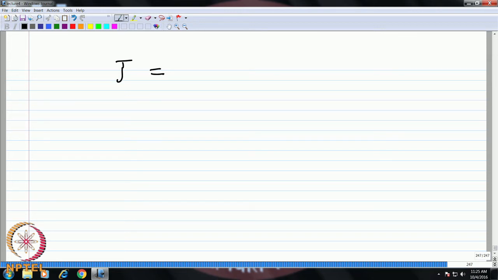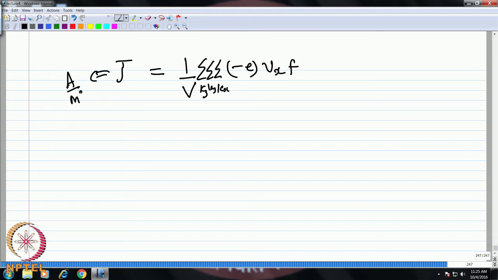So, for a single quantum state, what is the charge flux? Minus E Vx into F per unit volume, and now therefore integrate over all the quantum states kx, ky, kz. So, this will give you ampere per meter square.